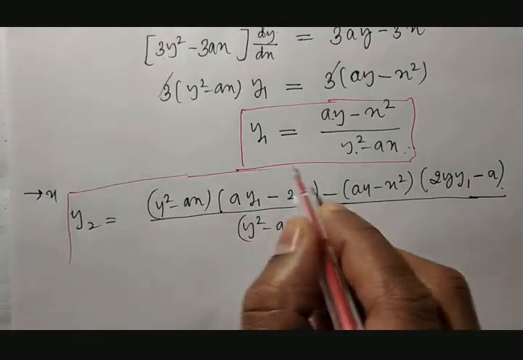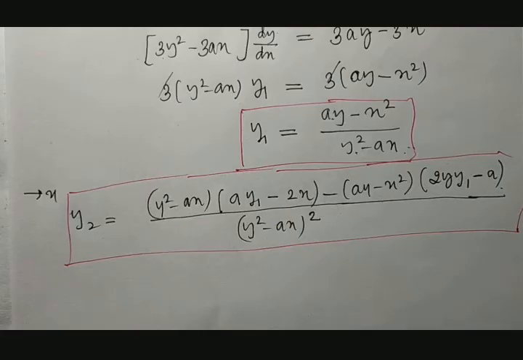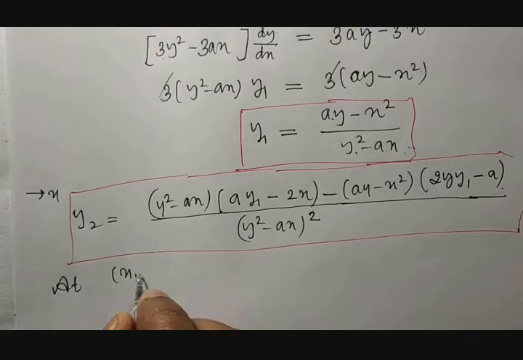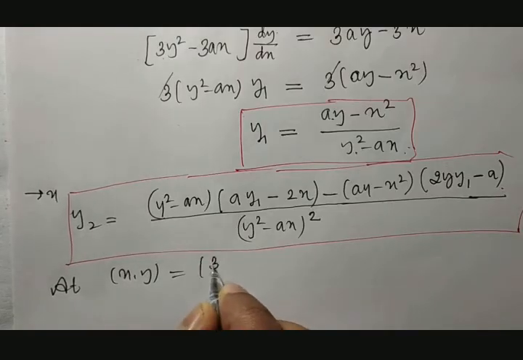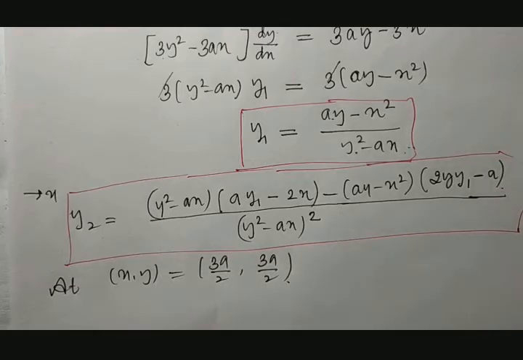I'll not go for further simplification because anyhow we are going to substitute the values. At the given point, x and y is equal to 3a by 2, comma 3a by 2.